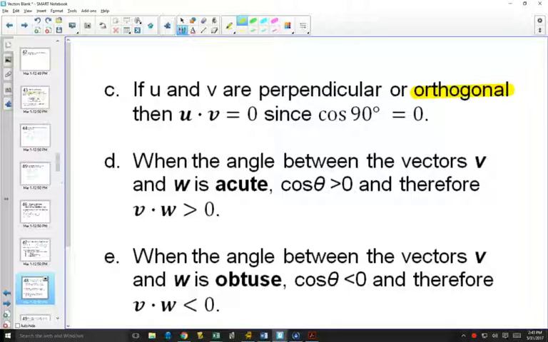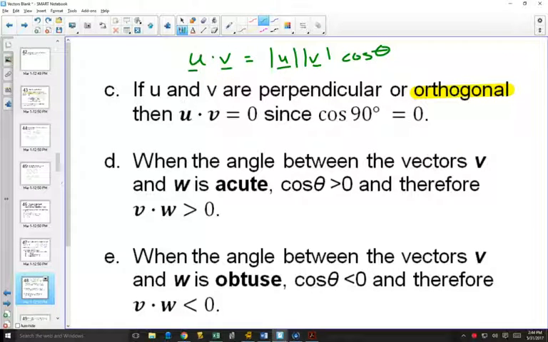Now, if the dot product between 2 vectors, or the scalar product between 2 vectors, is equal to 0, that can only happen if cos is 90 degrees. Because if we look at our formula, the dot product of 2 vectors is the length of the vectors, which won't be equal to 0, times cos of theta.